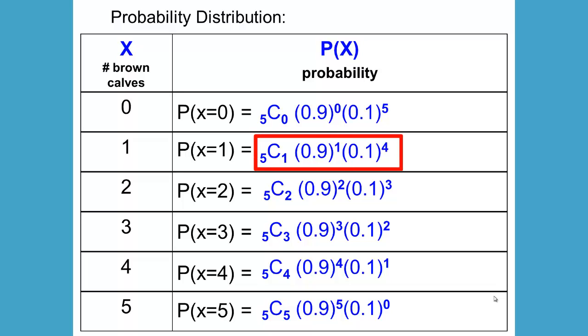In the next formula, we have 5 choose 1, so we know where those numbers come from. The 0.9 is to the first power because we have one brown calf. If one of our calves is brown, how many are not brown? Well, that would be 5 minus 1, or 4.